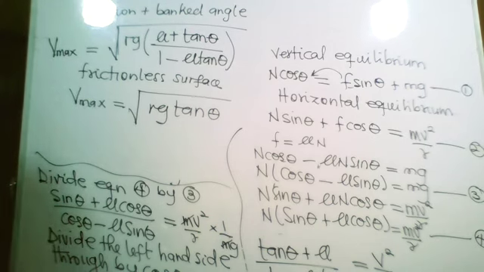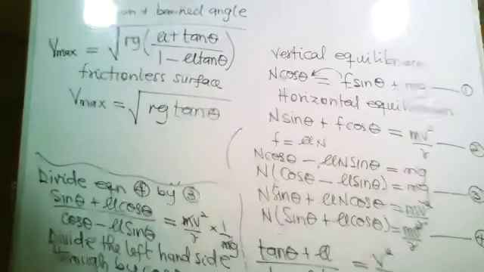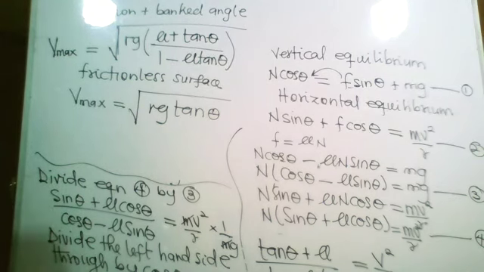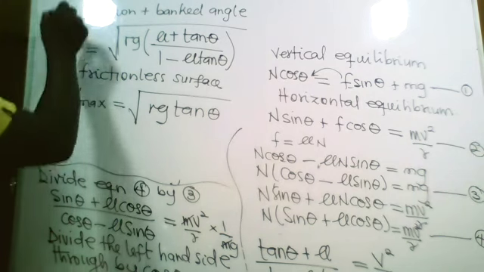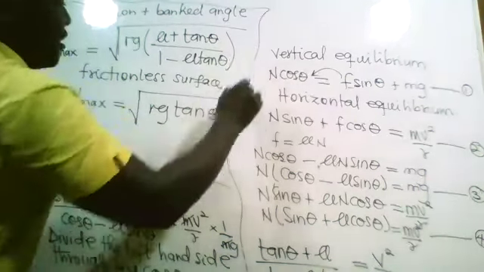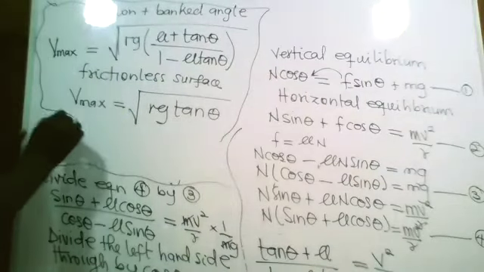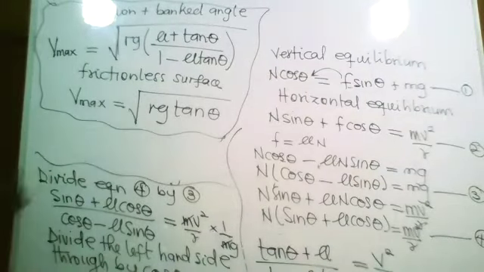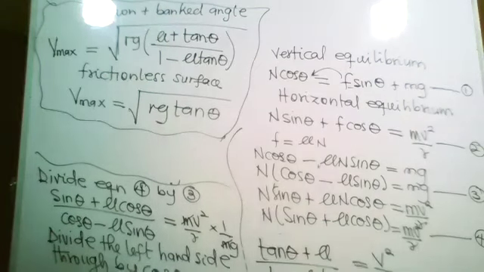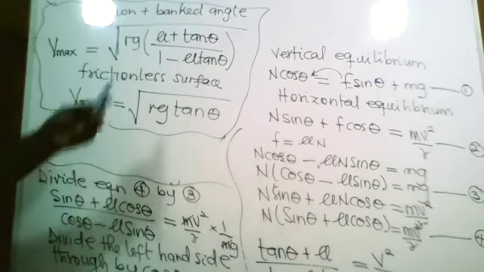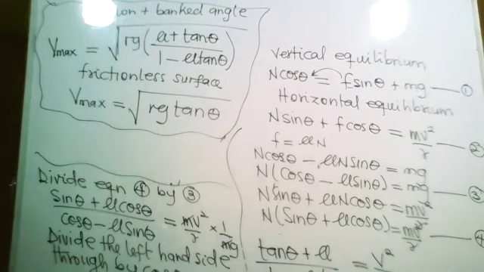The good news is that, in fact, most often questions are around the frictionless surface. But the point is that you wouldn't know when somebody can decide to test you on when there is friction, when the road is banked. Any question?